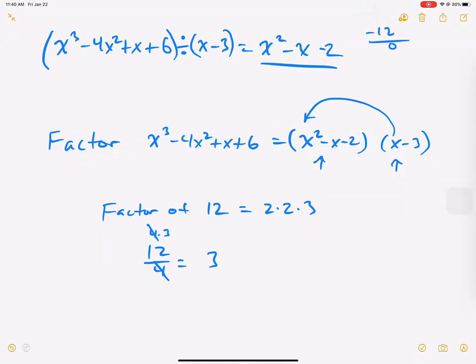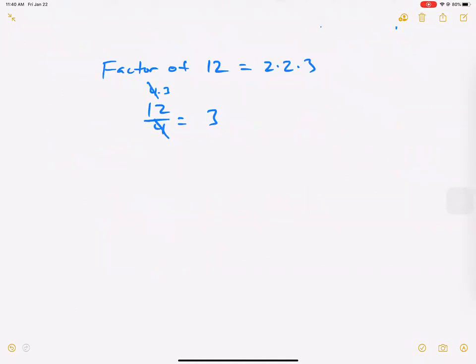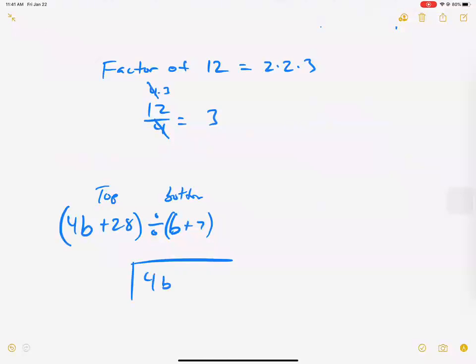Let's look at some IXL questions here. Here's an easy one: 4b plus 28 divided by b plus 7. So it's top and bottom, or inside out. Inside is 4b plus 28, outside is b plus 7.